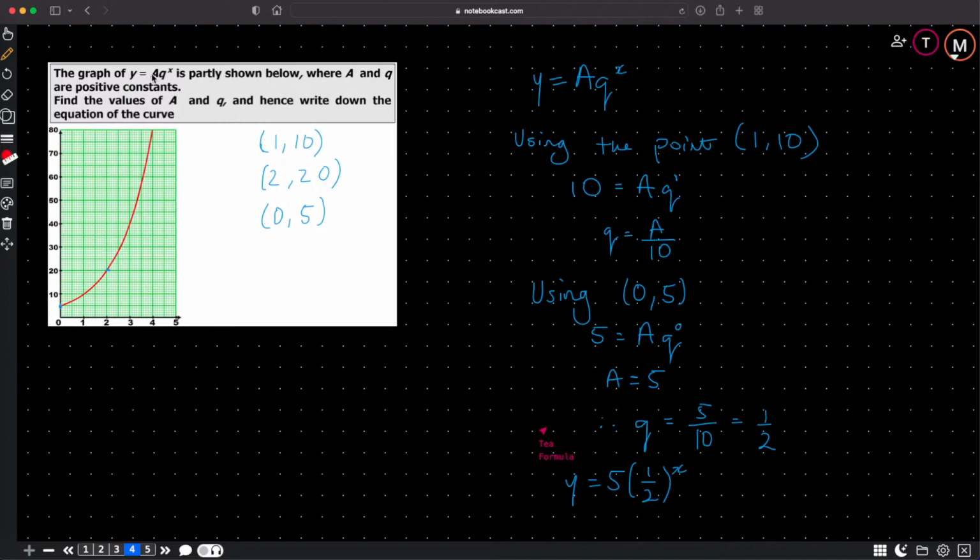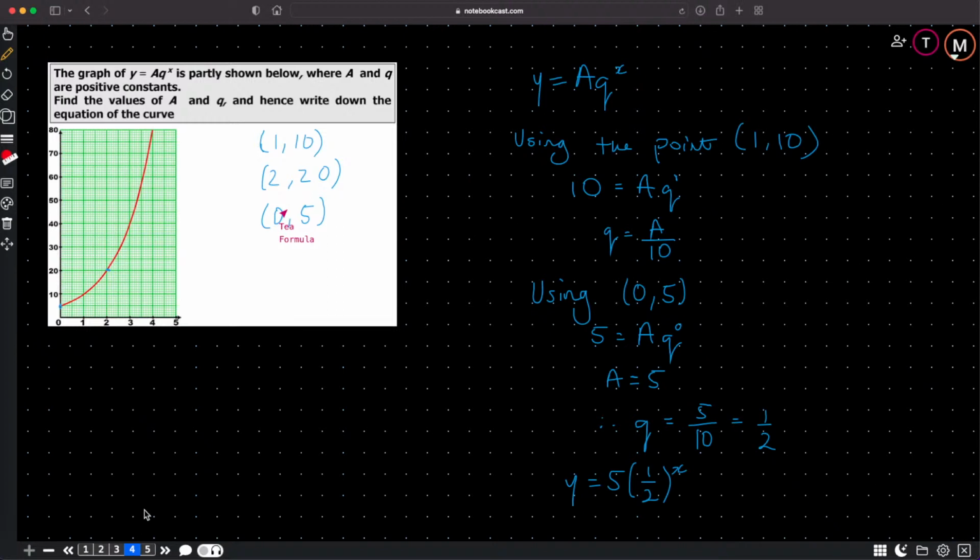We do learn about exponentials in GCSEs, but they might give you something that looks unfamiliar and you can use a process that you do understand to still get to the answer. So having that confidence is important in unfamiliar contexts. Okay, on to the next one.